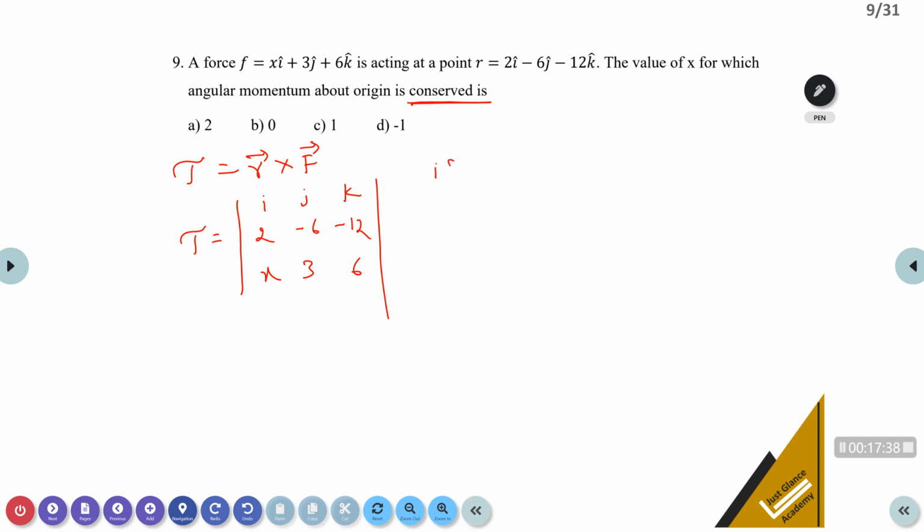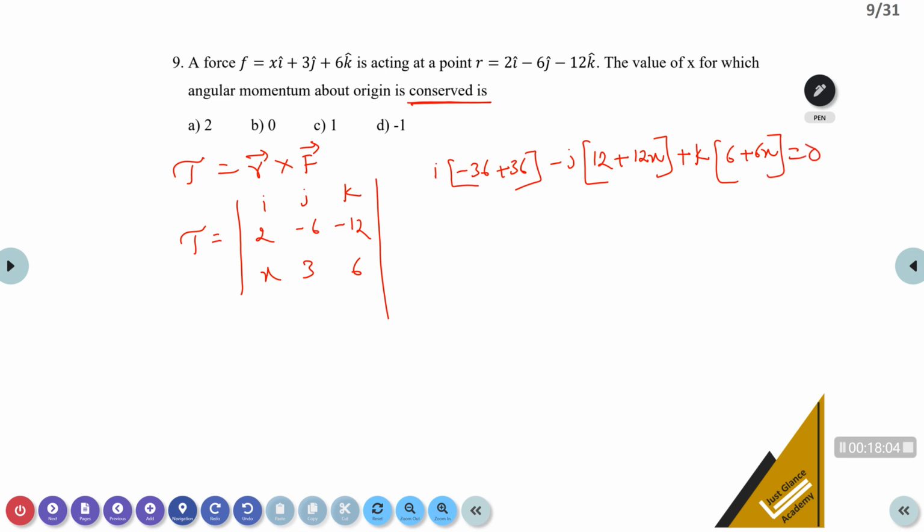Now the i component: minus 36 plus 36, which is 0. Next, minus j: 12 plus 12x. Plus k component: 6 plus 6x equals 0 here.